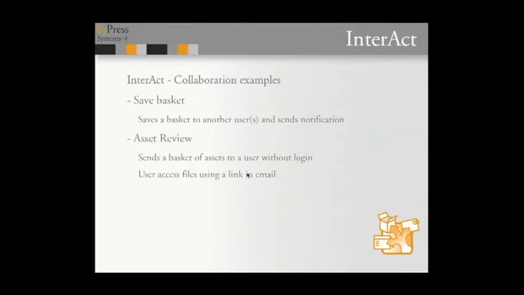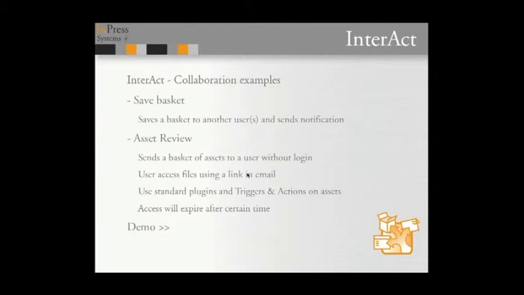It will automatically create a temporary login and let the user access those files or assets through a link in an email. And within the asset review, you can actually use standard plugins and triggers and actions on those assets. And the access to the asset review will expire after a certain time.